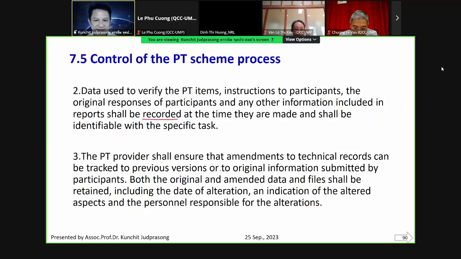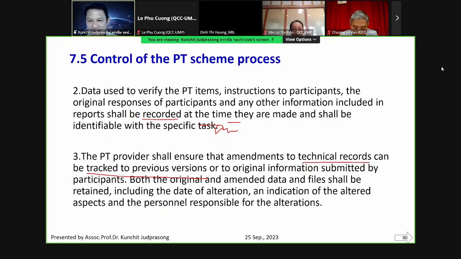The PT provider shall ensure that amendment to technical record can be tracked to previous version. Usually, for our practical way that we use in the lab, we don't use the liquid paper. We cut out, put your signature and put the new one. This is the way that we amend.